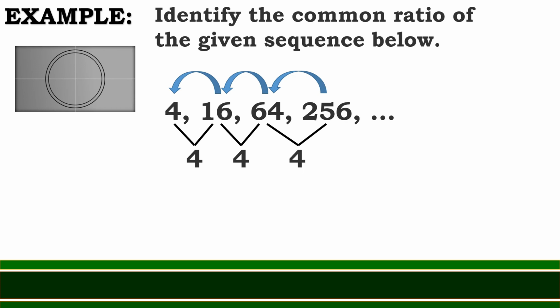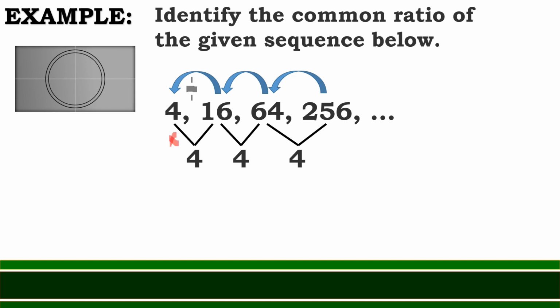Okay, so check natin kung tama. Kung kanina, nag-divide tayo para makuha si common ratio, kung babalikan natin yung process para makuha natin yung next term, i-multiply lang natin yung previous term sa ating common ratio.